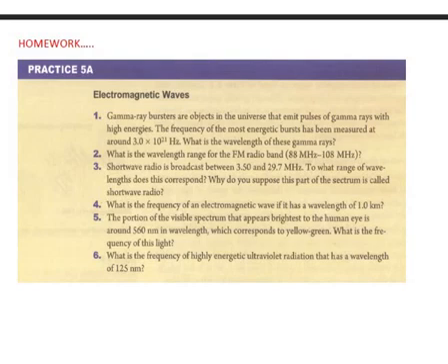It says find lambda. Again, as you can see, the speed of light is not given, so you have to memorize it. Second question: what is the wavelength range for the FM radio band? Here again wavelength lambda is asked, but we have two frequencies here.